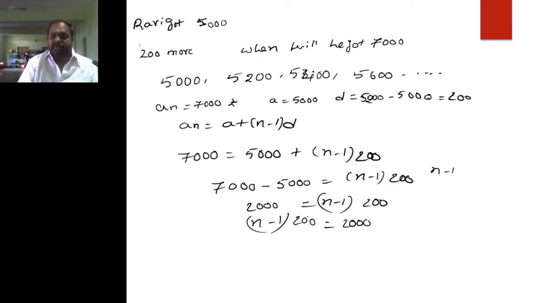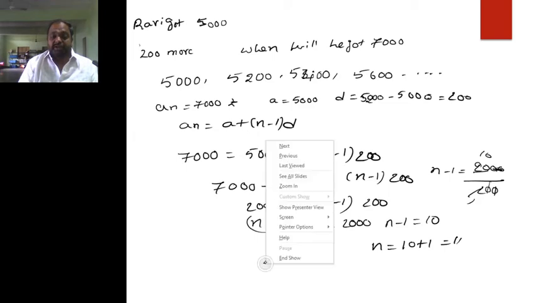N minus 1 is equal to 2000 by 200. 2 zeros cancel. So N minus 1 is equal to 10. N is equal to 10 plus 1, that is equal to 11.